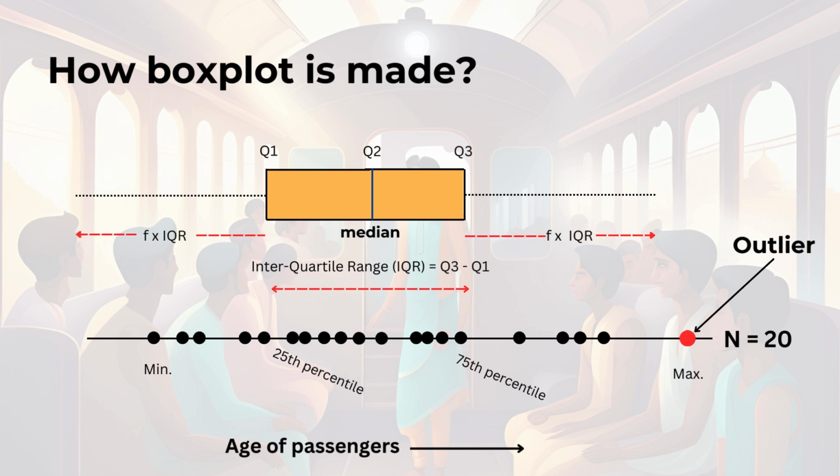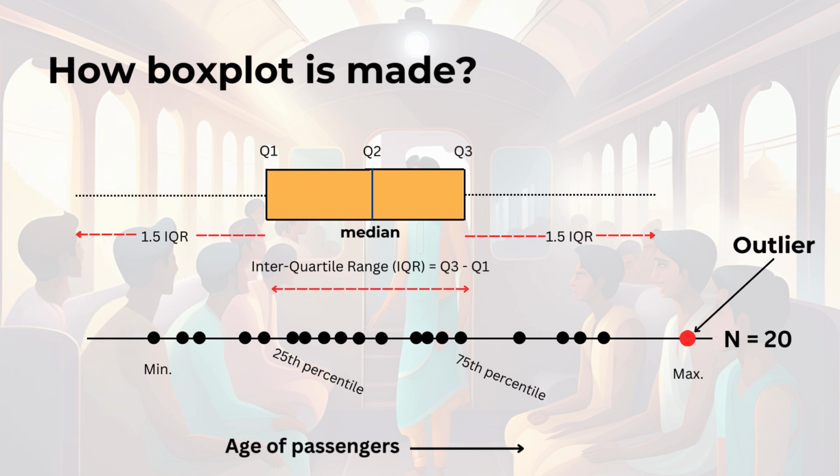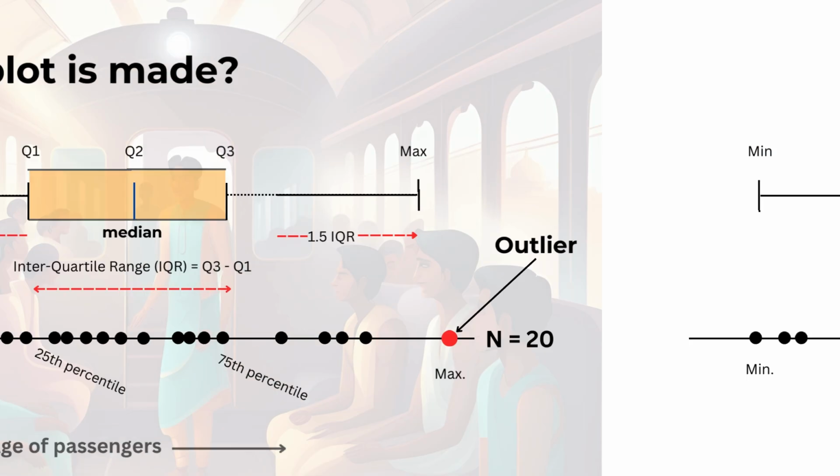In the original definition, this factor is 1.5, which is defined by Tukey, who actually invented the box plots. Now you can change this factor as per your scenario. So the overall idea is that the whisker length should be this factor multiplied by the interquartile range or the minimum or maximum data point, whichever is smaller.